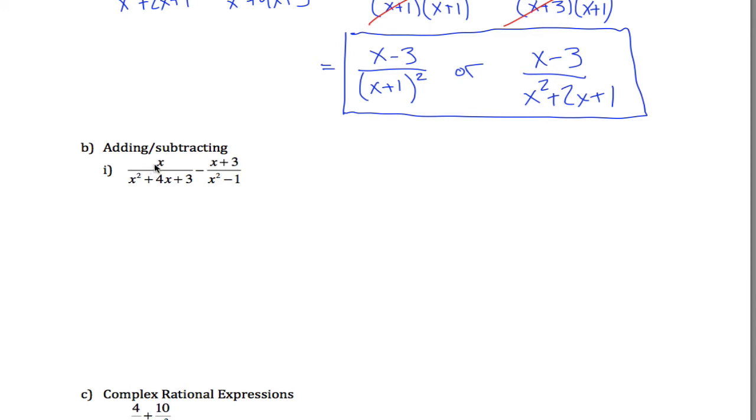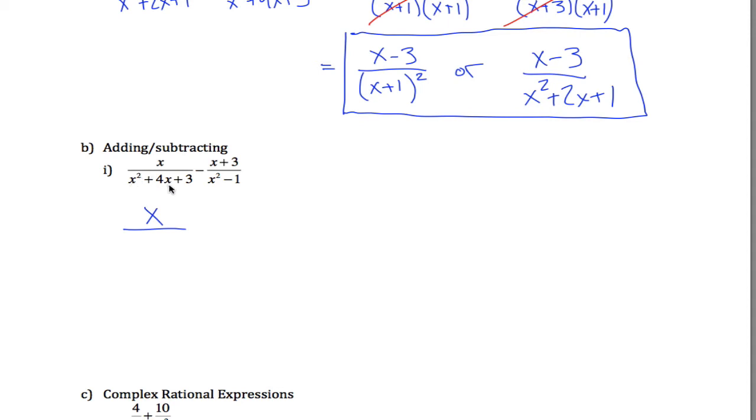Maybe you'll get one on the quiz that has the same denominator. That's awesome. They're in good shape. Maybe you won't. If you don't, you've got to make the denominators the same. In order to make the denominators the same, you have to figure out the least common multiple of these 2 denominators. It's hard to tell the way it's written right now.